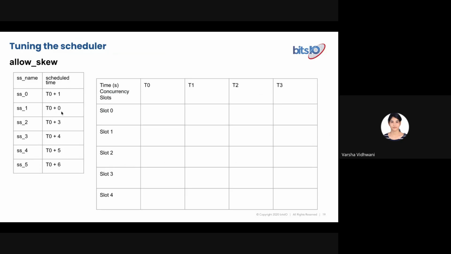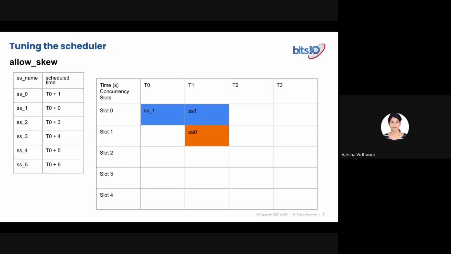The others can be spread out, and it is fine if Splunk runs those within 3 or 4 minutes, or even 5 minutes late. Since for SS1 we don't have any skew defined, we have disabled it, so it has to be run at the exact moment.